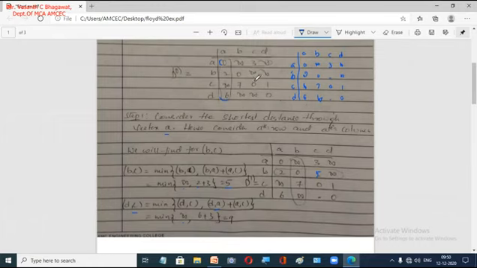You look into the value in the circled one, 3. So this corresponds to which one? AC. Right? AC is 3. 6 plus 3 is 9. So infinity and 9, which is minimum? 9 is the minimum value. So we write here 9. So now we got the value for D and C, which is 9.